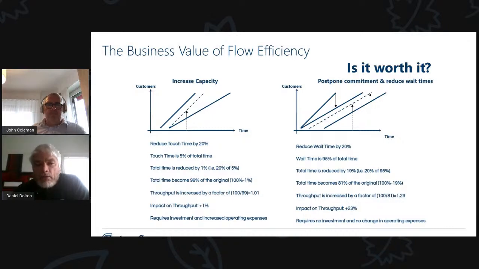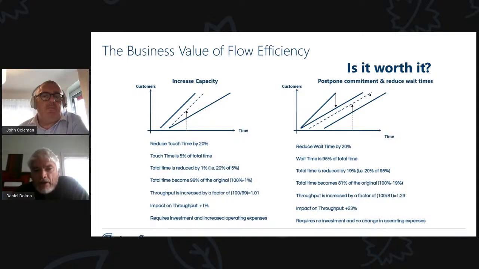Or on the other hand, you can reduce wait time by 20%. Wait time is 95% of total time, so total time will be reduced by 19%. Total time becomes 81% of the original time, and throughput is increased by 23%.